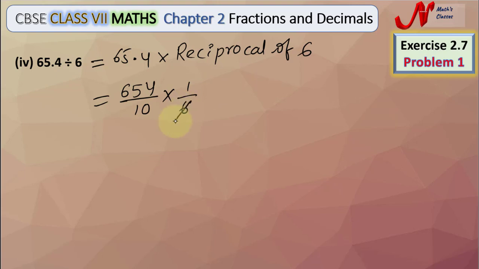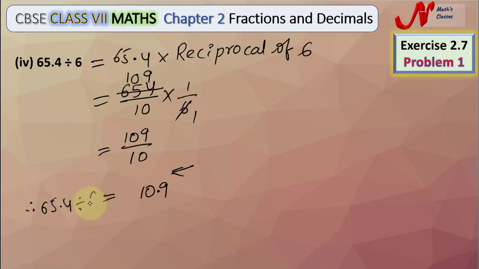We can cancel: 6 ones are 6, 6 tens are 60, 6 nines are 54. So we can write 109 by 10. In the denominator we have 10, so in the final result, from right to left, we keep the decimal point after 1 digit. Therefore we get 10.9. Therefore 65.4 divided by 6 is equal to 10.9.